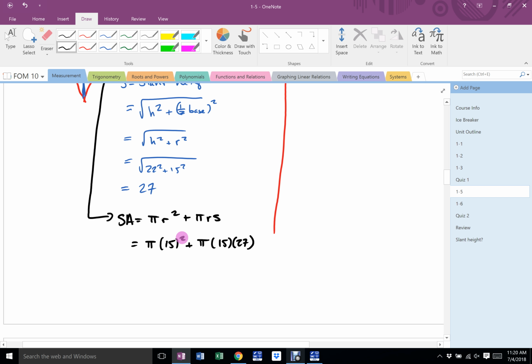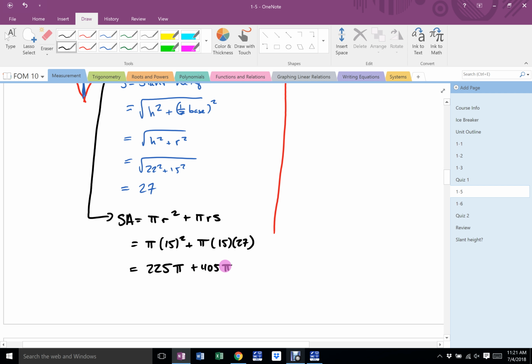15 squared is 225, right? So this part is 225 times pi. Does everyone agree? And this part, 15 times 27, I can't do that in my head quickly enough. 405 pi.